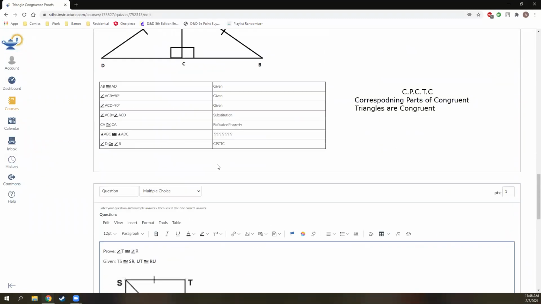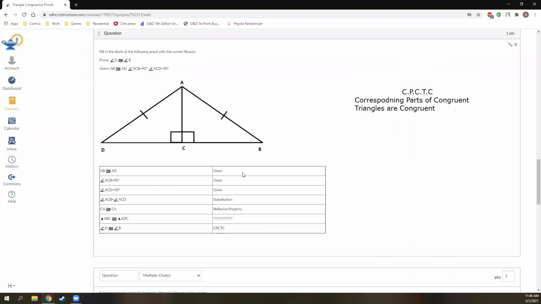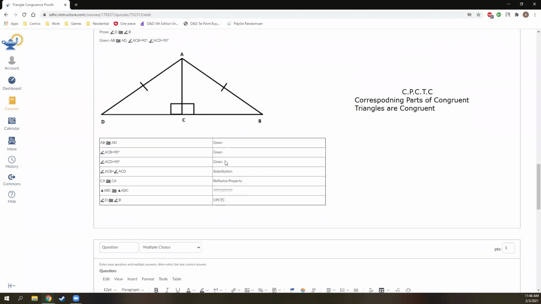Now, when you look at your quiz, you're going to notice that there are plenty of those examples, even if I'm not asking you specifically to fill in that blank. Your fifth question here on the quiz is asking you why these two triangles are congruent, which means you need to use SSS, SAS, ASA, AAS, or HL.